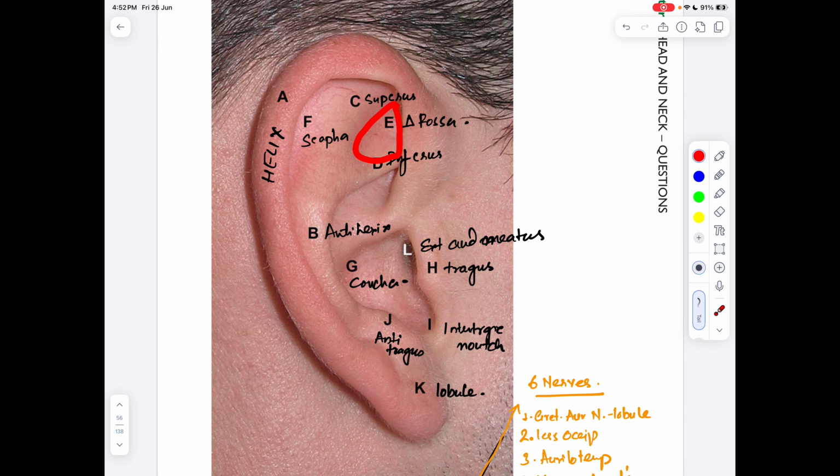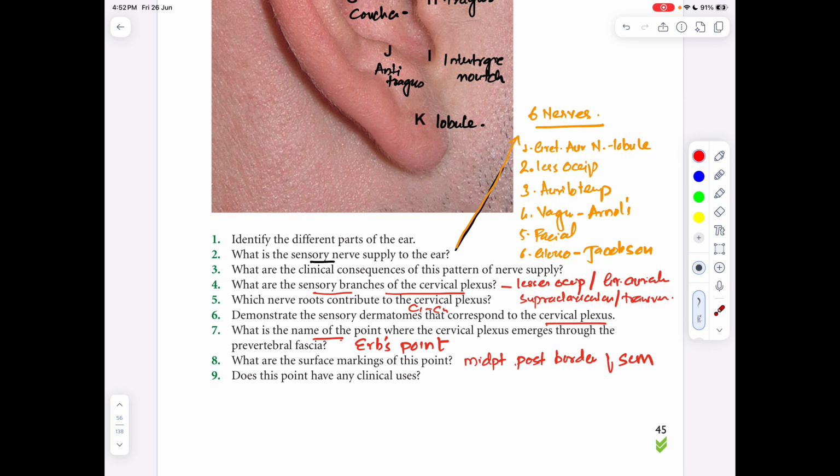What is the clinical significance of this pattern of nerve supply? A clinically significant consequence of this pattern is that pathology from different sites can refer pain to the ear. The ear receives sensory supply from 4 cranial nerves: trigeminal, facial, glossopharyngeal, and vagus, and 2 spinal nerves, C2 and C3. The auriculotemporal is a branch of the trigeminal, and the lesser occipital is from C2, C3, along with the greater auricular.